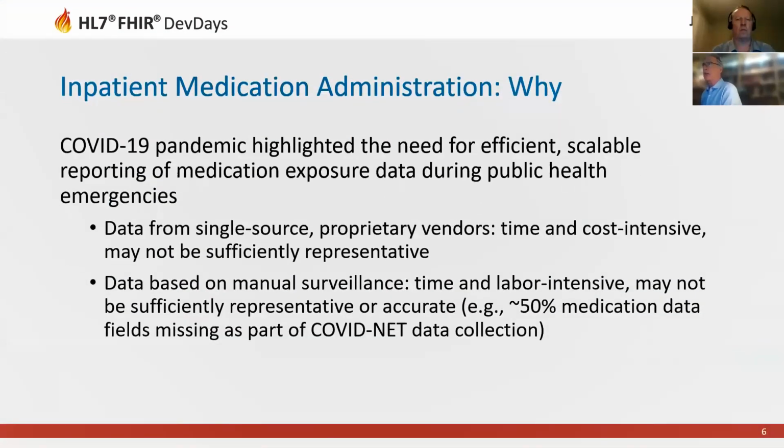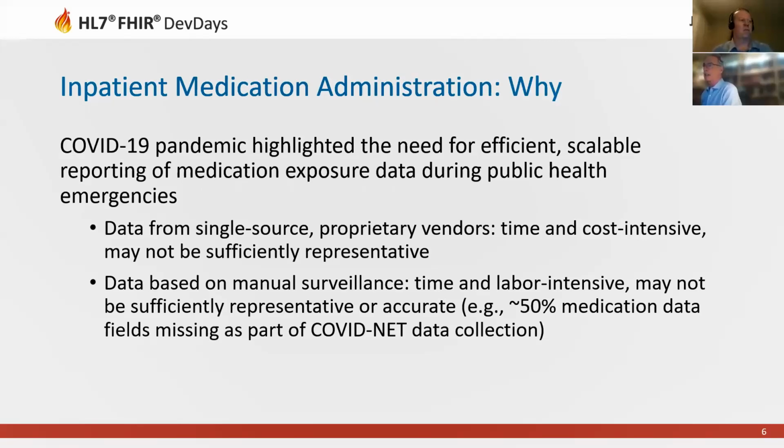Why do we want to do this? Well, because COVID-19 has highlighted the need for efficient, scalable reporting of medication exposure data during public health emergencies. Data from a single source, proprietary vendor, is time and cost intensive and may not be sufficiently representative. We want to understand what's going on in the outside world from our surveillance perspective so that we can provide data for action going forward.